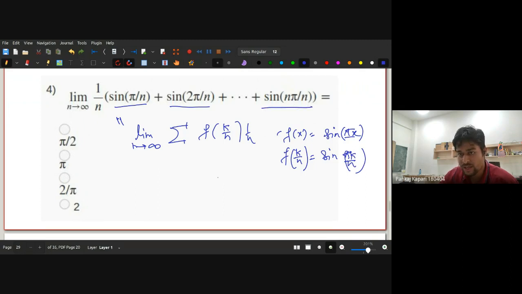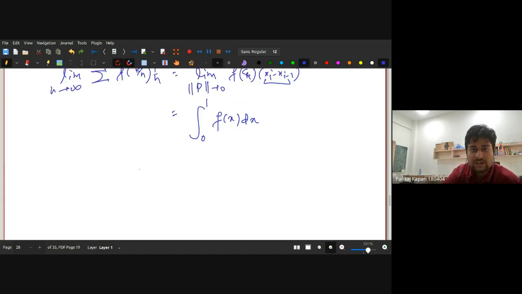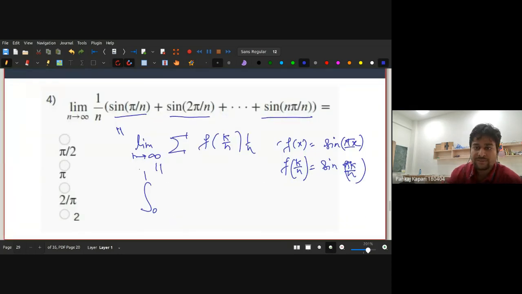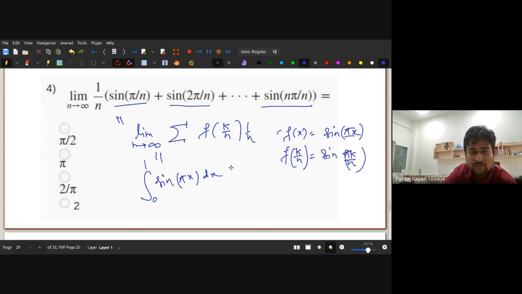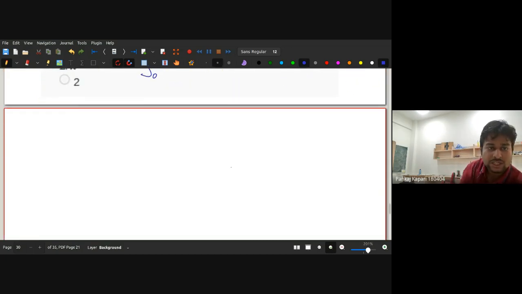So n will cancel. That means this summation must be the integral from 0 to 1, which we have already seen in the previous problem, that this was the integral from 0 to 1 of f of x dx. So this summation is just the integral of sine pi x dx. Okay, so to find this sum, we have to calculate this integral. Which integral? 0 to 1 sine pi x dx.